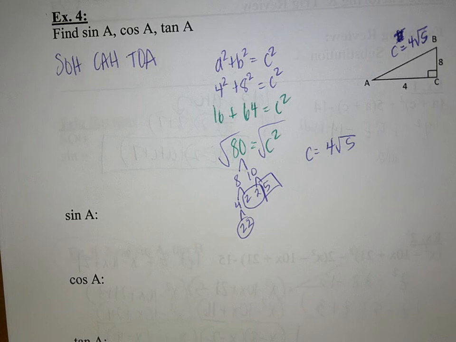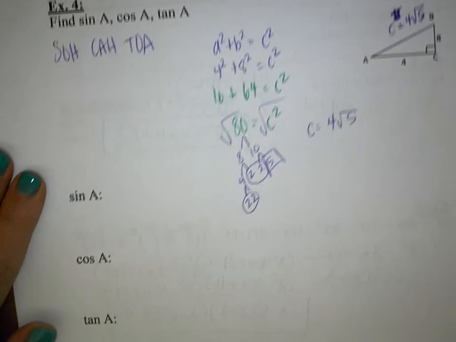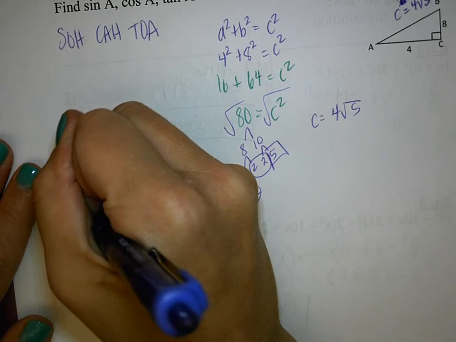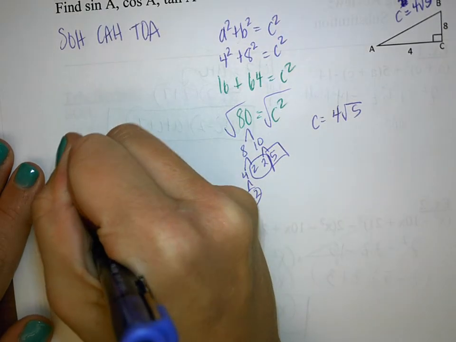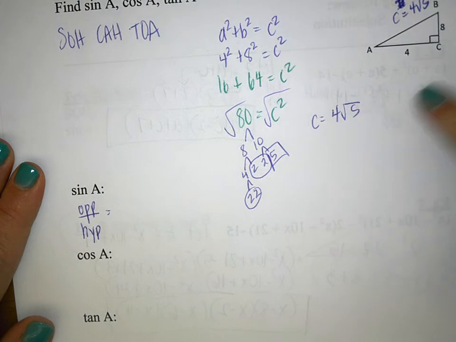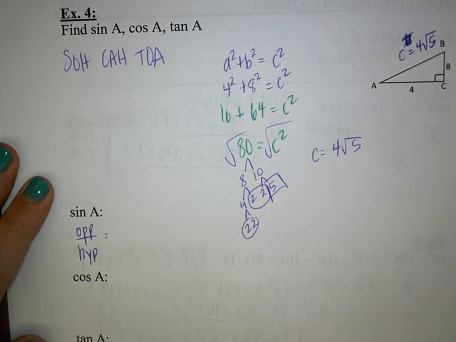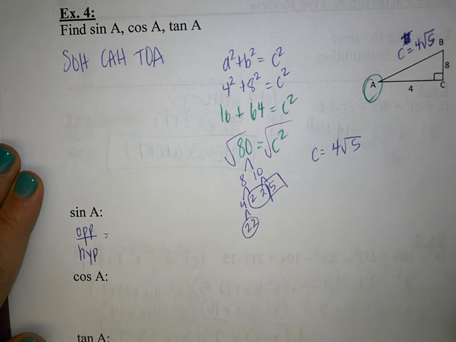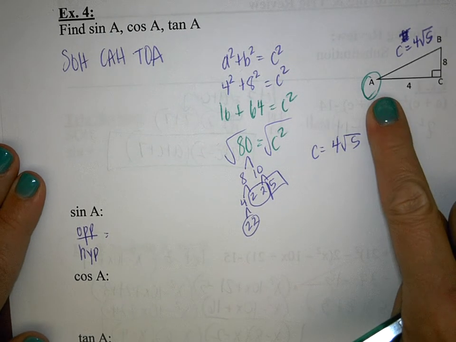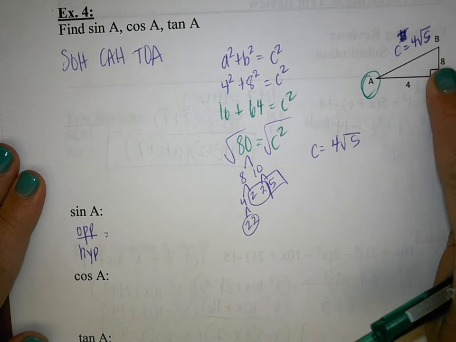Okay, so now they want us to find sine of A. We know that sine is what? Good, opposite over hypotenuse. So we go over here to our triangle, and you're going to your angle A. So from A, which number is opposite? 8.